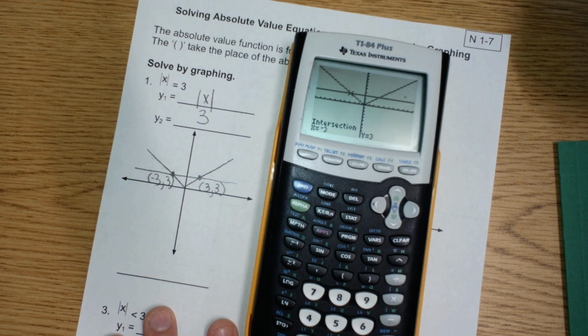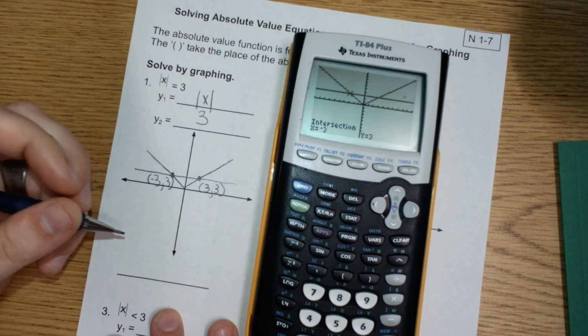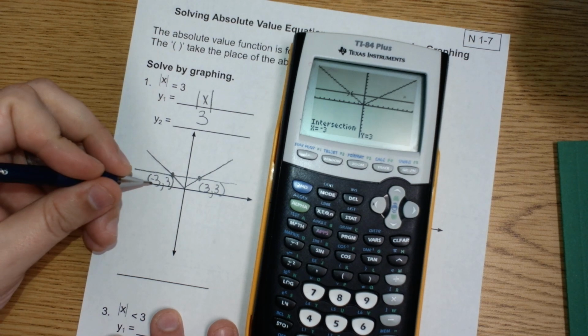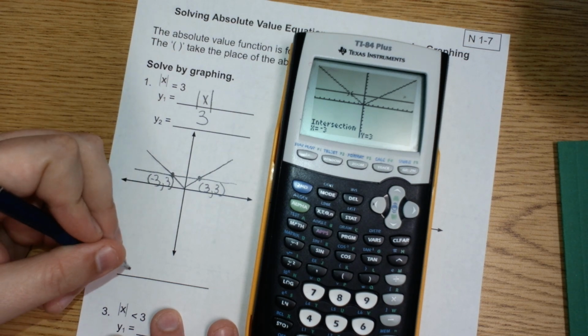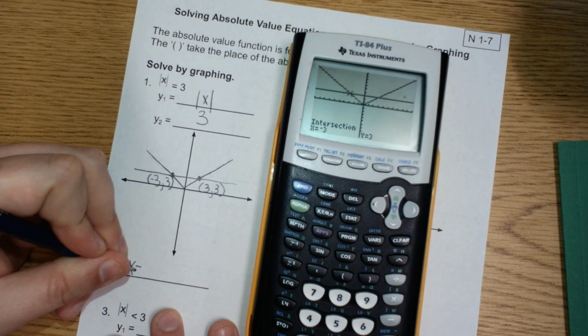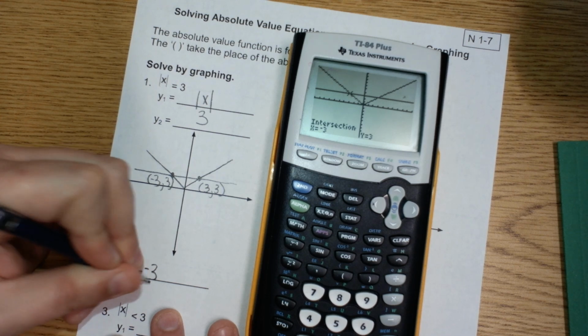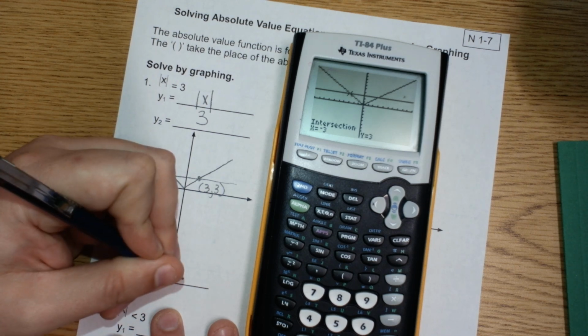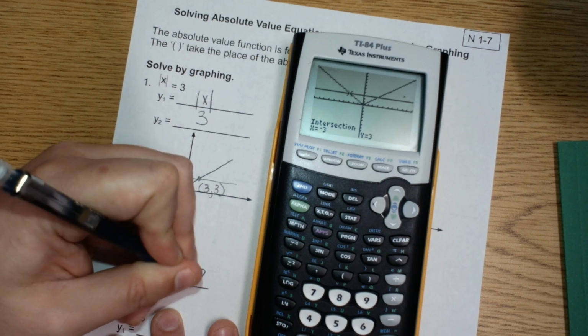So for this one, fairly simple, fairly straightforward. Our x value is the answer, so x equals -3 or x equals +3.